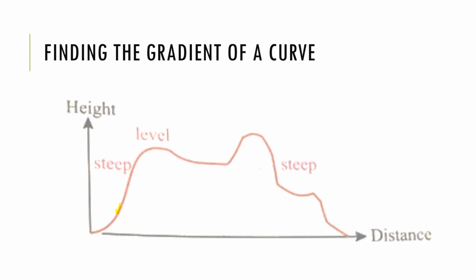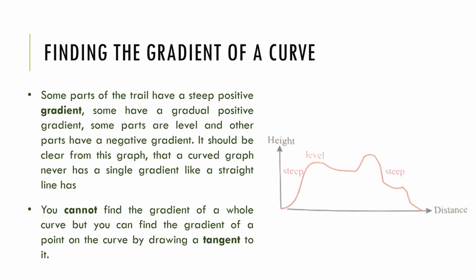In this one, for example, or in here, or right here, each part of this graph has a different gradient. So, how can we find the gradient? Some parts of the trail have a steep positive gradient. Some others have a gradual positive gradient. Some parts are level and other parts have a negative gradient.